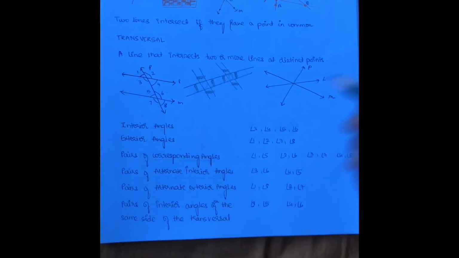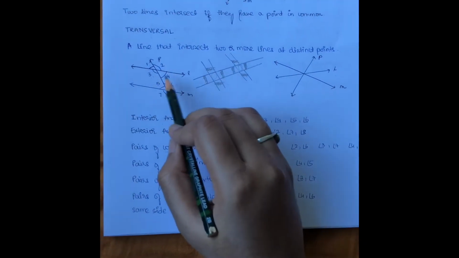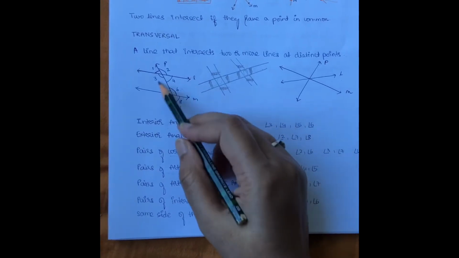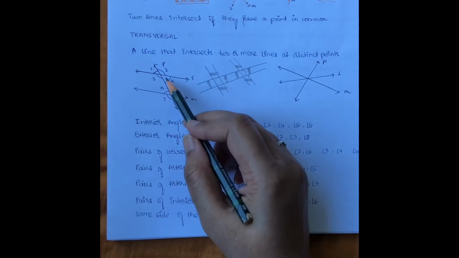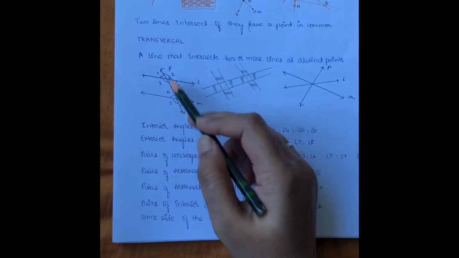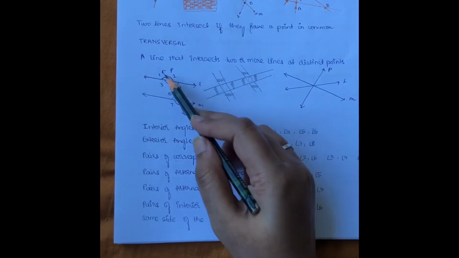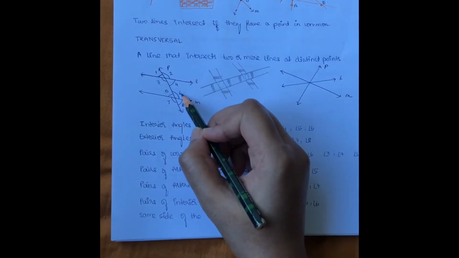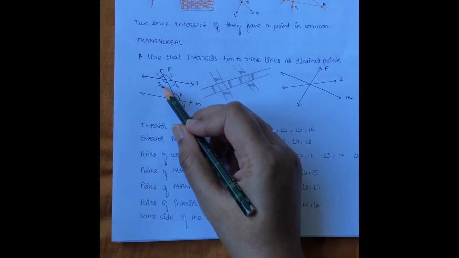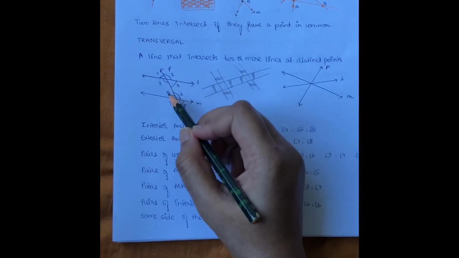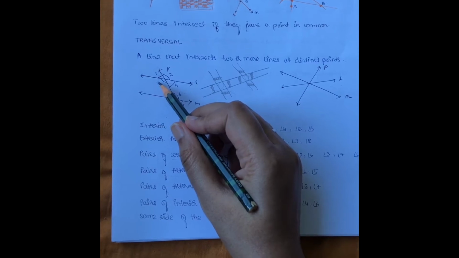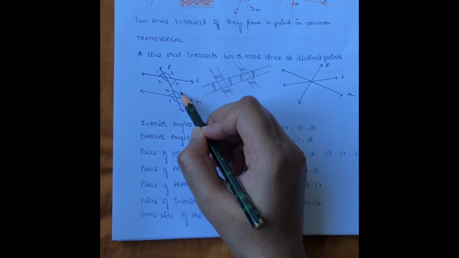Like yesterday, we will be learning new terms today. 3, 4, 5, 6 are the angles that fall within L and M, and these are called the interior angles. The angles that fall outside these are called the exterior angles, and they are 1, 2, 7 and 8. 3 and 6 are on the opposite sides of the transversal, but they are interior angles, so they are called a pair of alternate interior angles.